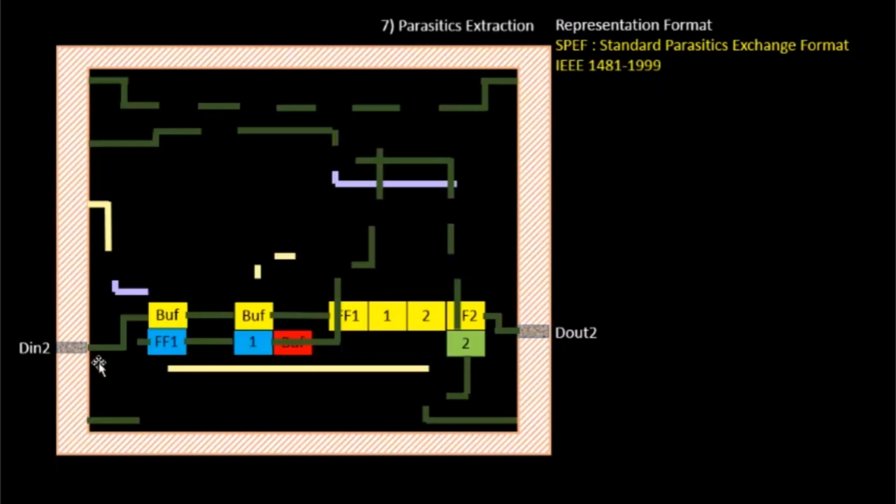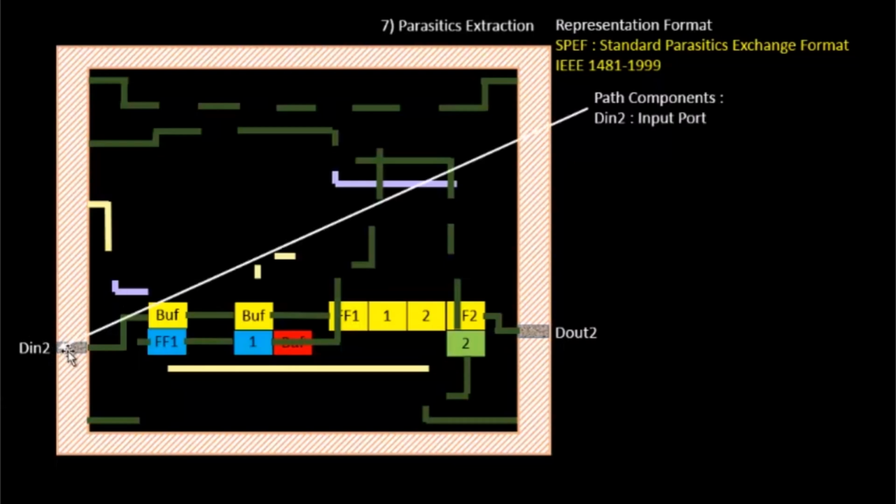Now for this particular path, let's try to identify the path components. It has a D into, which is an input port. There are multiple things associated with this input port. For example, the first thing is the load capacitance.